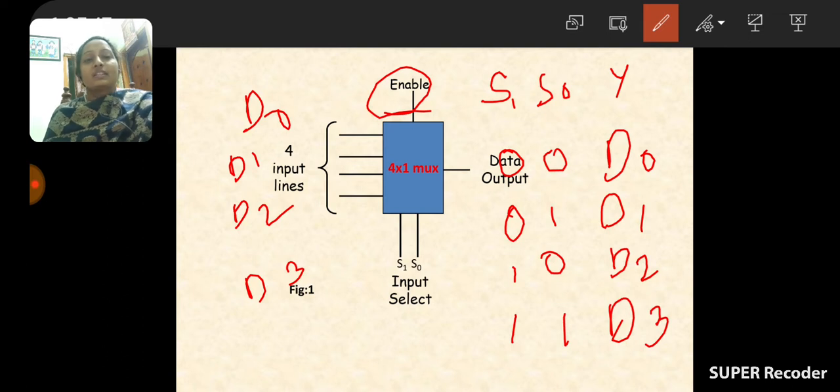If the enable signal is not applied, if enable is equal to 0, the output will not change even though the inputs and selection lines are present. So this is the theme of what? The enable signal. It will control the entire 4 by 1 multiplexer. If the enable signal is present, only then the output changes according to the selecting lines. Okay, so how will it change?